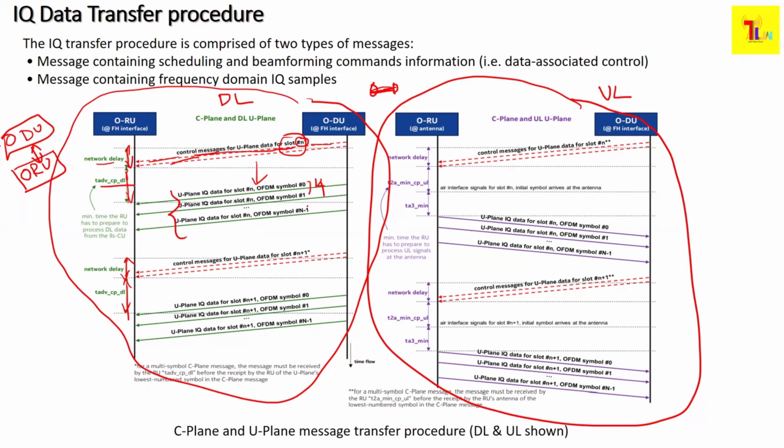Then all those 14 symbols' information will be sent from DU to RU. Similarly, for the next slot, slot n plus 1, the 14 symbols will be sent from DU to RU in case of downlink.